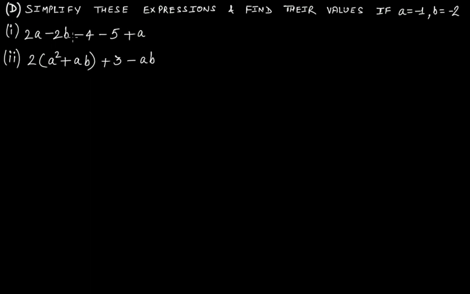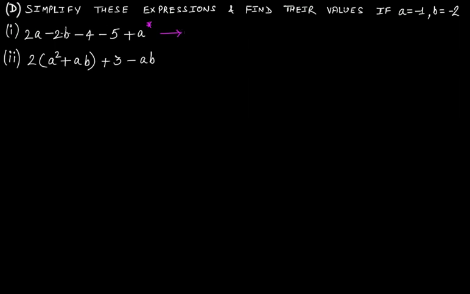Actually, you can find the value of this expression by simply putting the values of a and b here. But the first part of this question actually says you have to simplify these expressions. And that means that you have to find whether there are any like terms or not. If there are like terms, then you have to first add them up together and then simplify this expression.